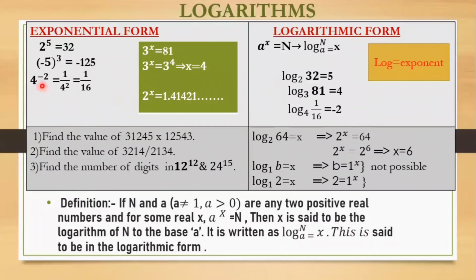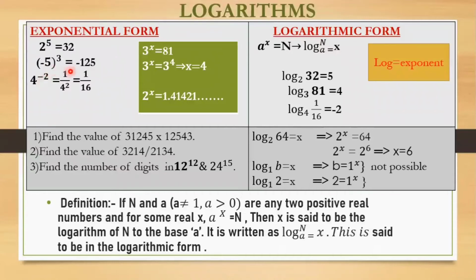Next one, 4 to the power of minus 2 equal to 1 by 16. Log of 1 by 16 to the base 4 is equal to minus 2. Here, a and n should be positive real numbers while writing it into logarithmic form. But x may be a non-positive or non-negative real number.